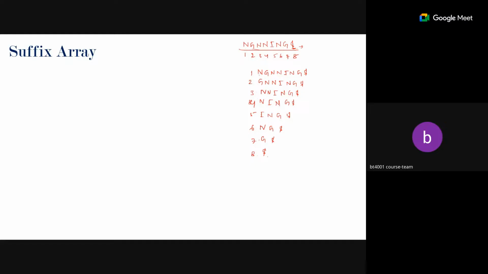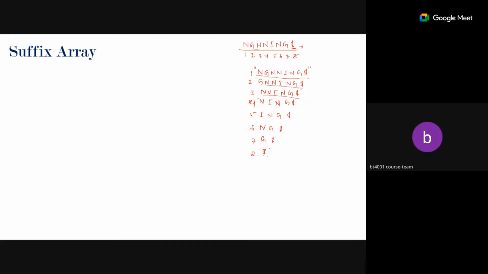Yes. So now each of these is a string. Consider each of these as one word. Basically, these are words given to you, and we will be alphabetically sorting these words. That's the idea.